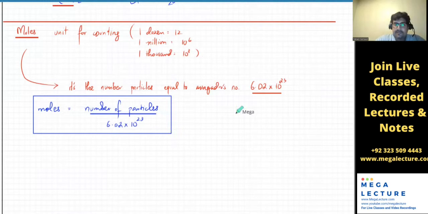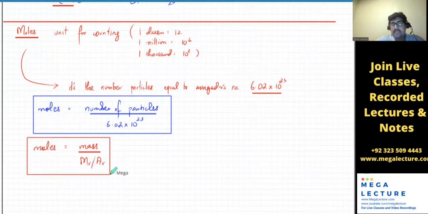That's our first formula. The second formula is that moles can be converted into mass. How do you do that? Moles is equal to mass divided by the MR or AR of a particular substance, assuming that it's a pure substance. AR is the relative atomic mass and MR is the molecular mass.